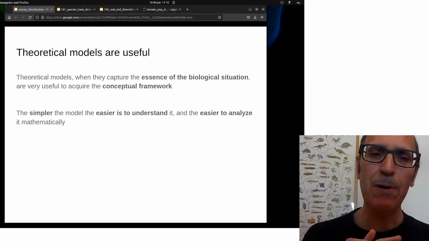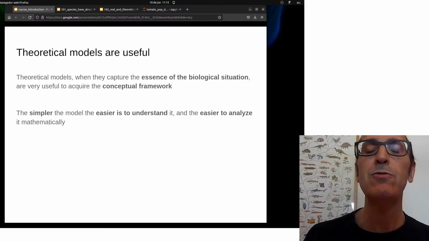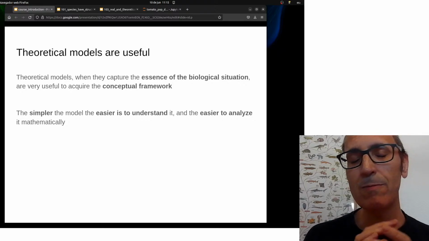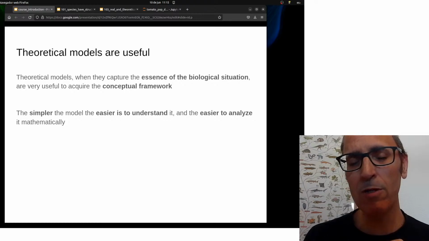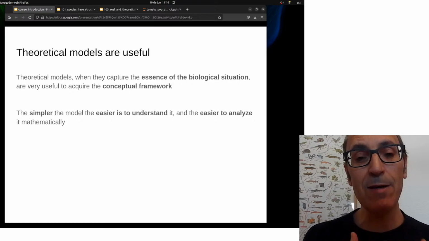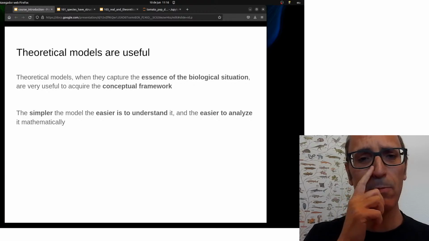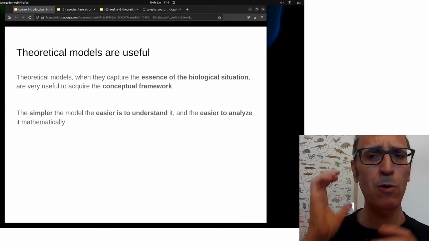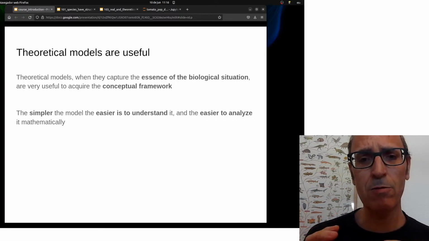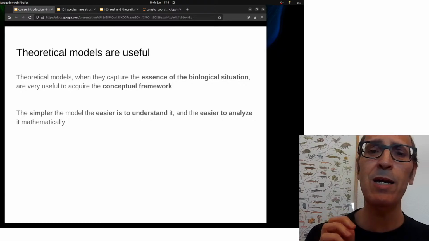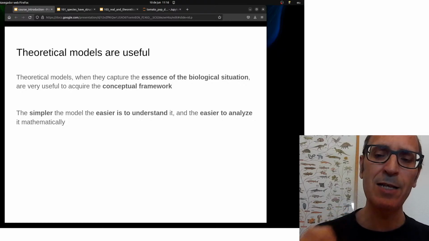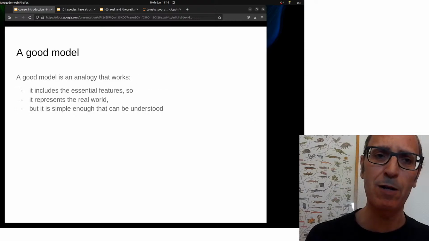The simpler the model is, the easier to understand and the easier to analyze it. So usually the models that we use in population genetics are very, very simplified. But even being that simple, they capture the essence of the biological situation. And that is the most important thing. Are we capturing what we are trying to study or not? That is the question, not if we are really seeing reality as it is, because you are not going to see reality as it is, never in biology.